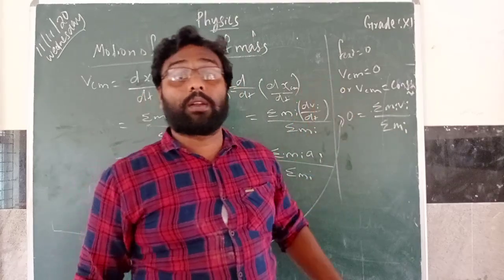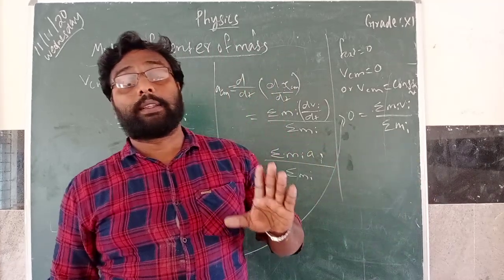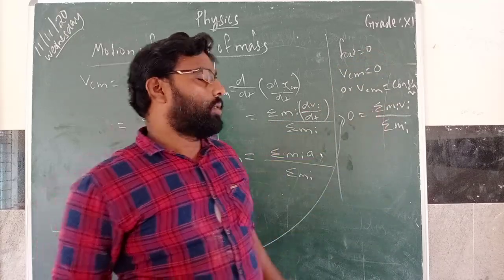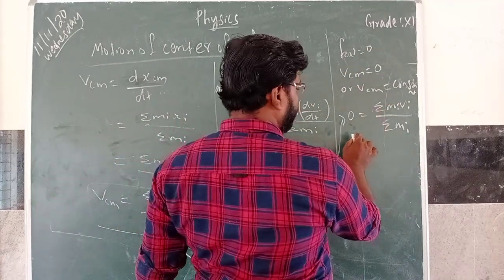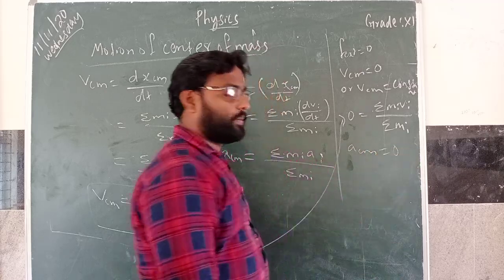Internal force means the center of mass will not change. The center of mass will be at rest, which means the velocity Vcm is 0 or Vcm is constant. So you can write the equation 0 equal to sigma mi vi by sigma mi. Since the center of mass is not changing, Vcm is 0, so acceleration acm also will be 0.